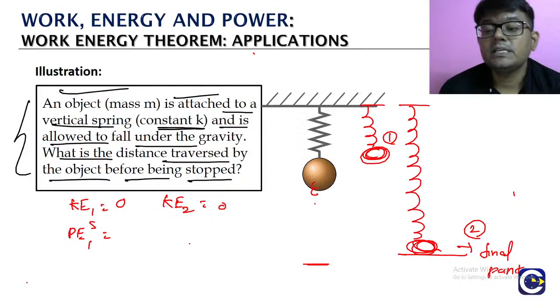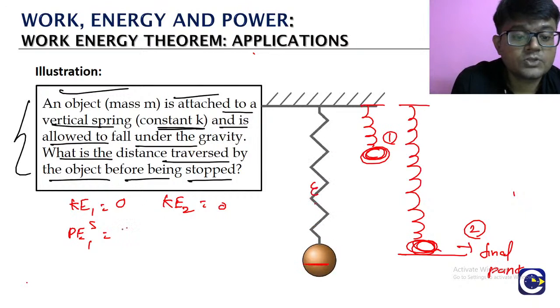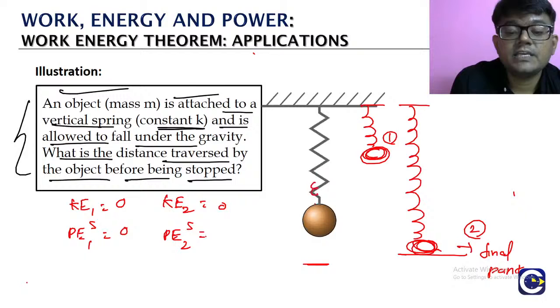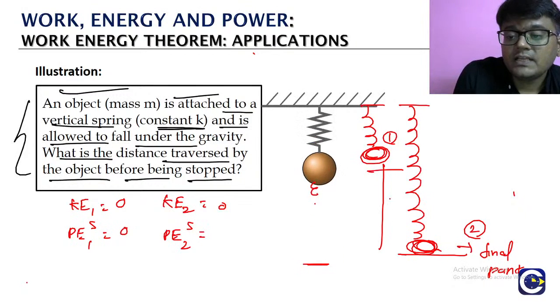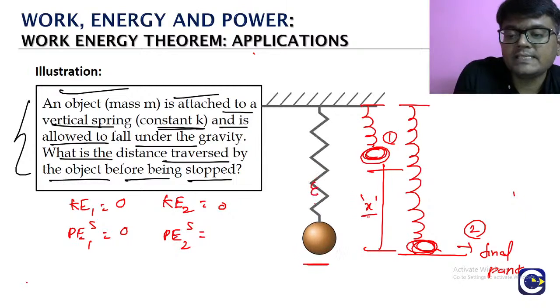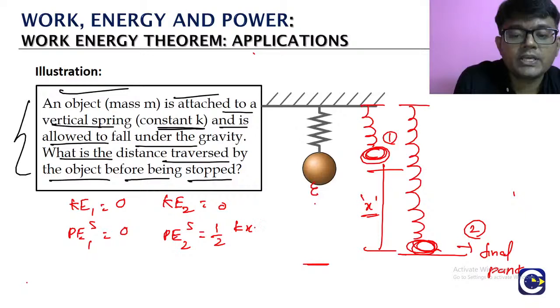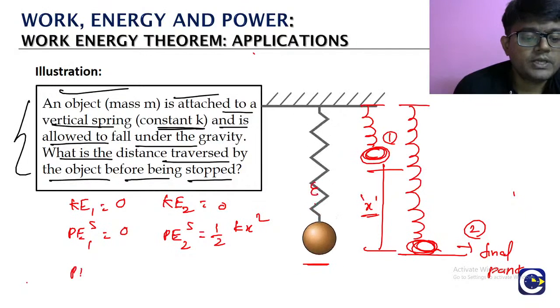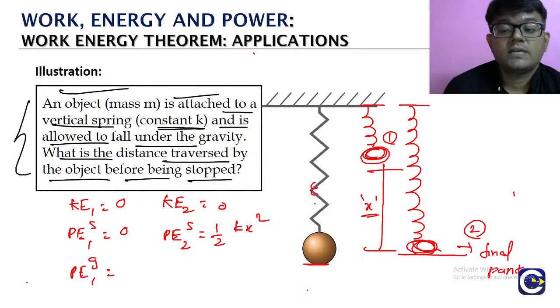What about the spring potential energy initially? When we release, the spring is in the natural state, so that is 0. Spring potential energy in the final state: if from here the extension of the spring is x, what is the spring potential energy? Half k x squared. Correct. Now initially, what is the gravitational potential energy of the mass?